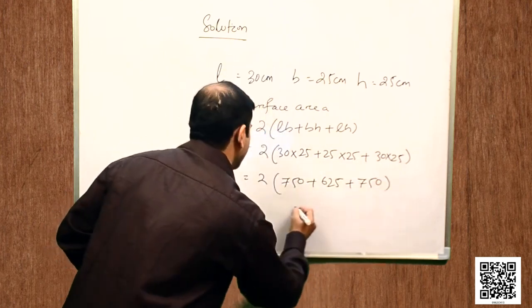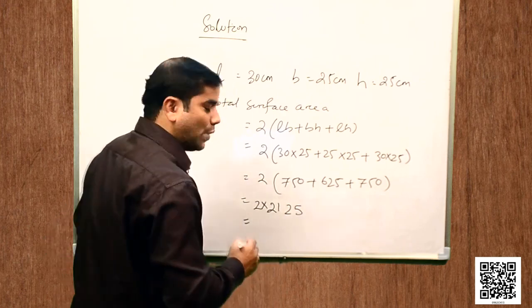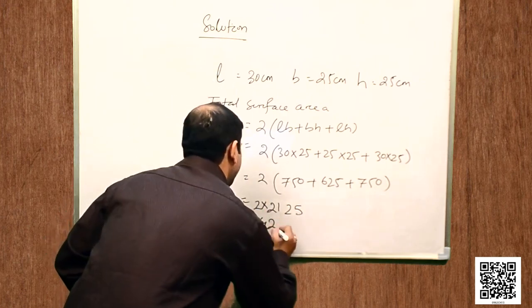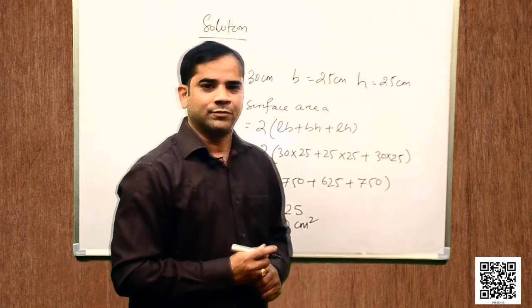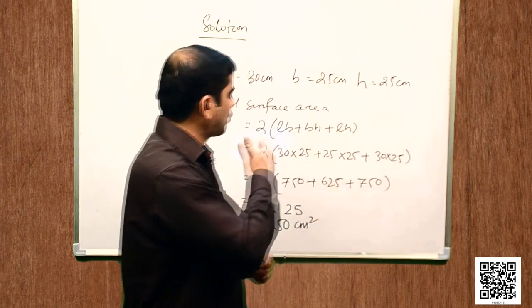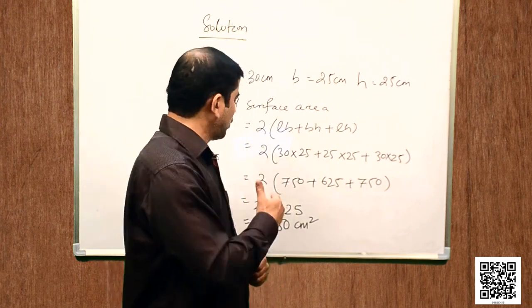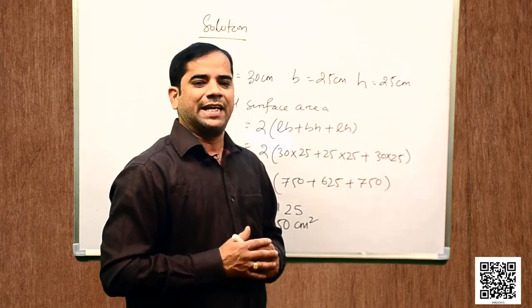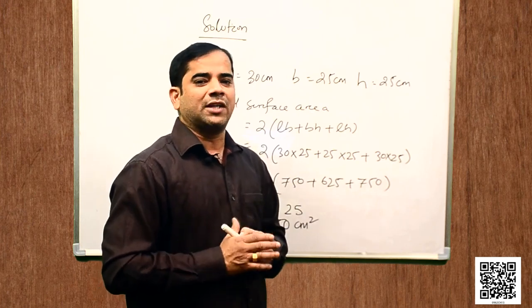So it results in 2 into 2125, or it gives us 4250 centimeter square. Okay. So hence the area of the glass, because it is a total surface area, is 4250 centimeter square.